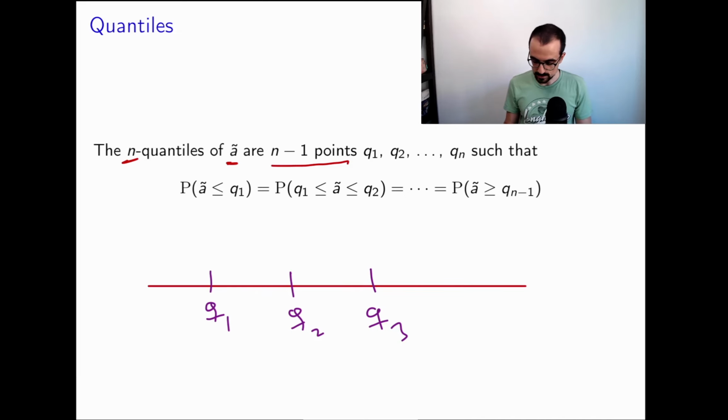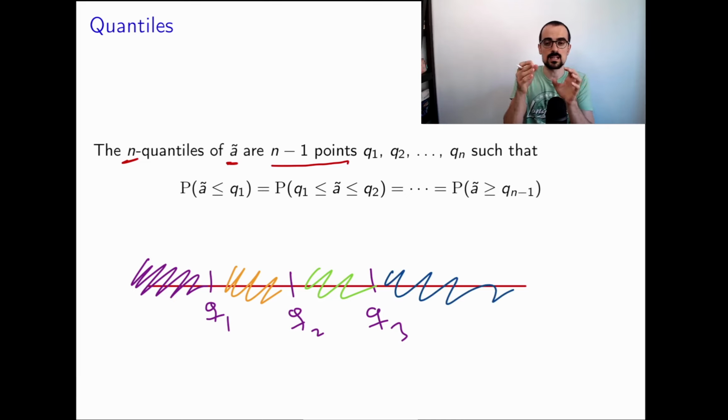And the idea is that the probability that the random variable is here is going to be equal to 1/4. The probability that the random variable is here is 1/4, and here is 1/4, and the probability that the random variable is here, no surprise, is 1/4.